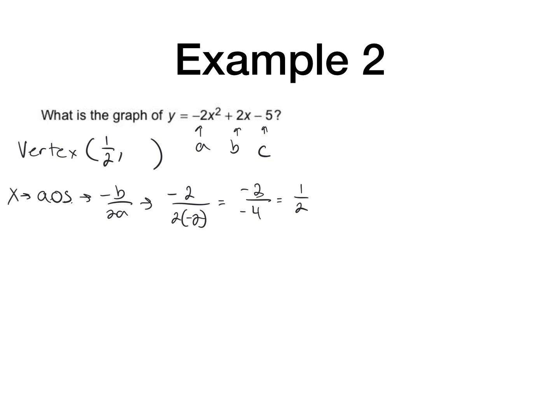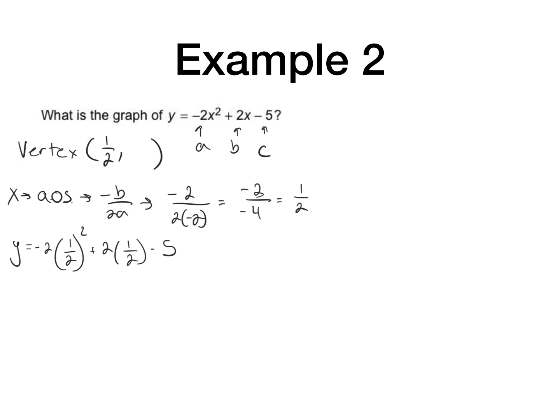Alright, so to find the y of our vertex, we're going to plug in that half into the equation. So we're going to get y is equal to -2 times a half squared plus 2 times a half minus 5. Now remember, when you're squaring a fraction, you're squaring the top number and the bottom number.